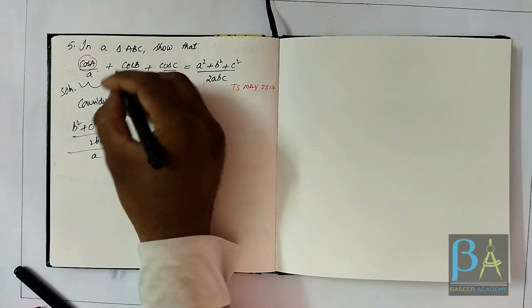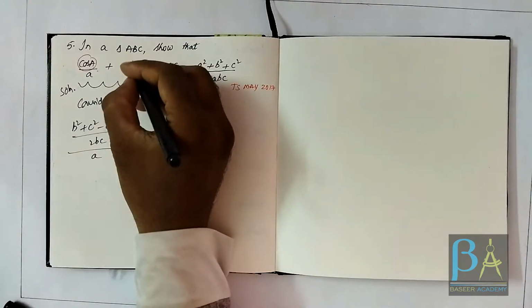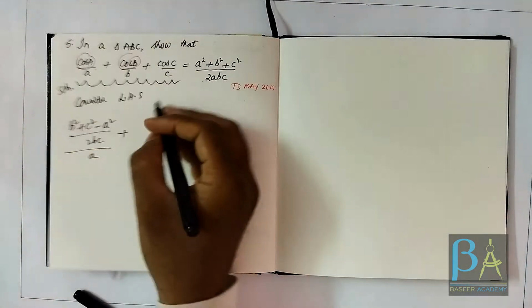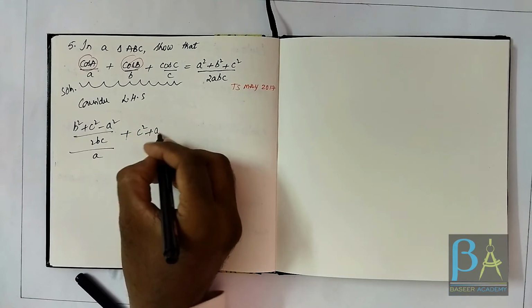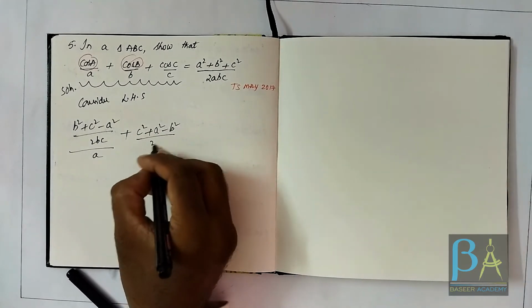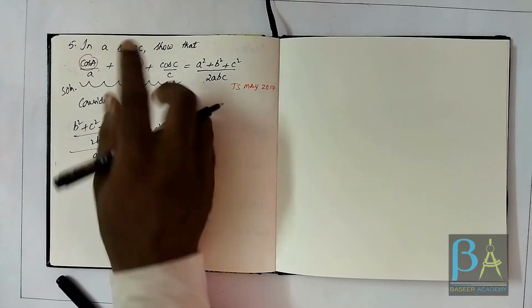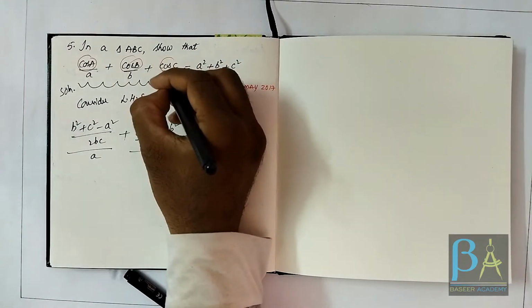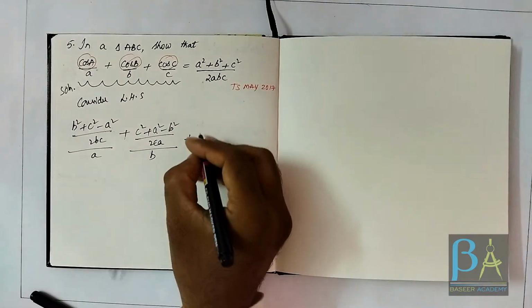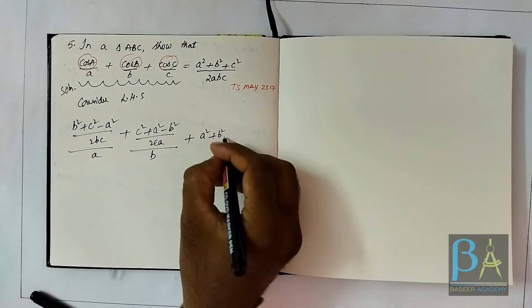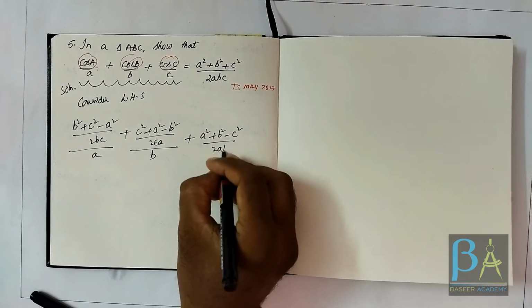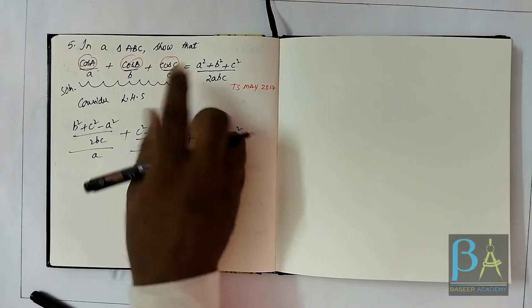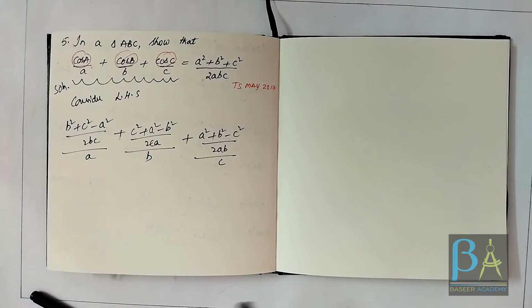In place of cos B, I can write c square plus a square minus b square by 2ca. And then this denominator b, let me write it as it is. And then in place of cos C, you can write a square plus b square minus c square by 2ab. And then this c in the denominator, let me write it as it is.